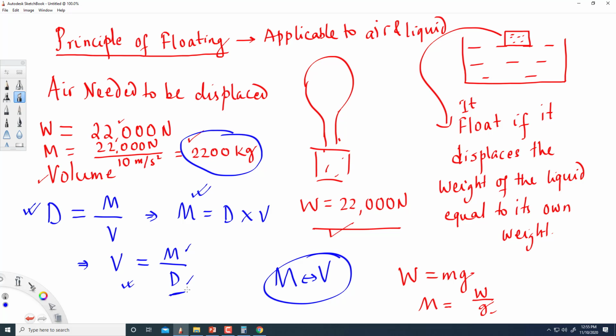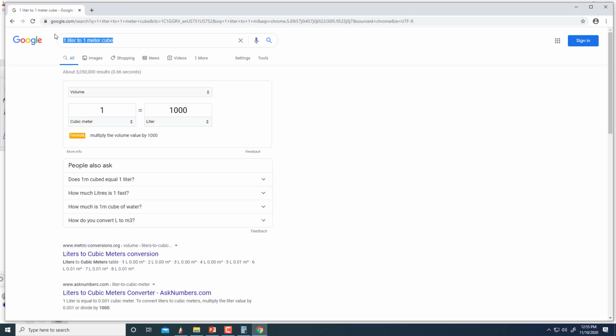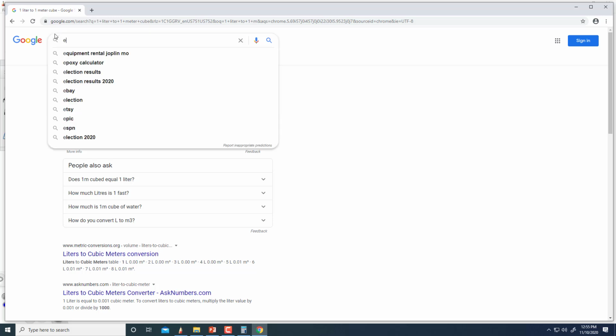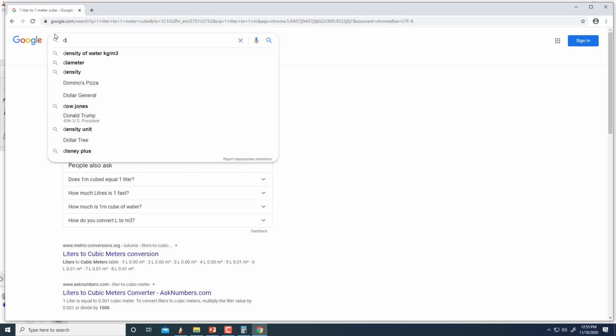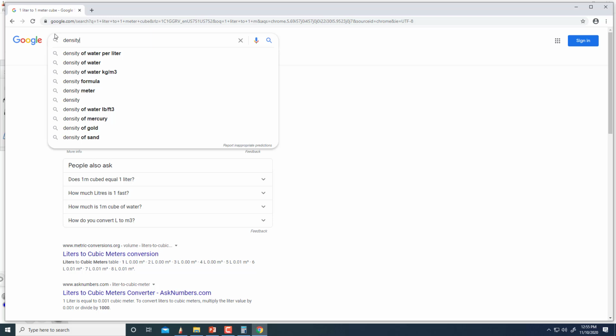So, what is the density of air? It is not given here. Usually it is given in the question, but if it is not given, you can Google that. If it is an exam question, you would be provided the value, but sometimes when you are doing homework, you may need to find that from Google.